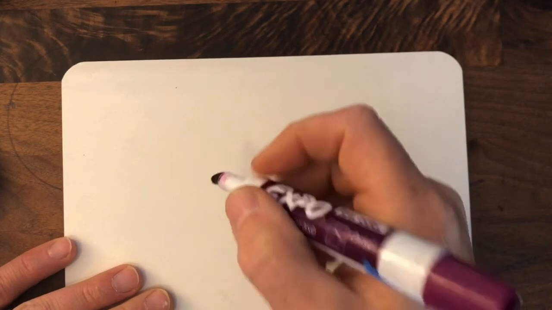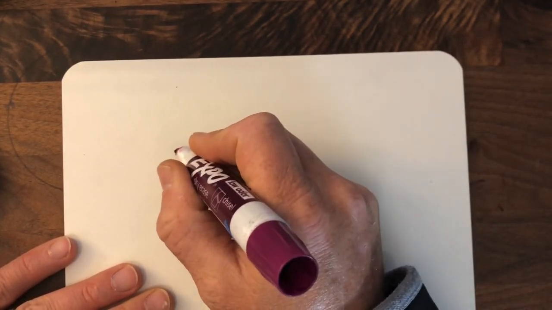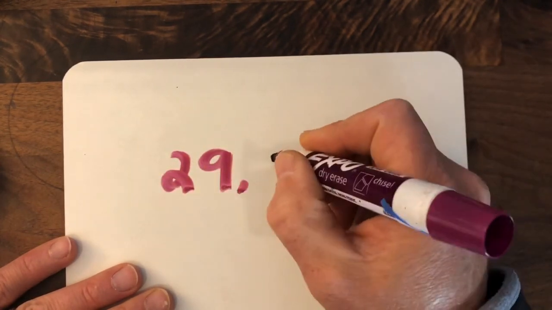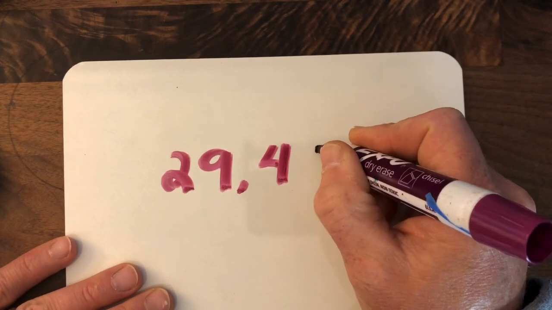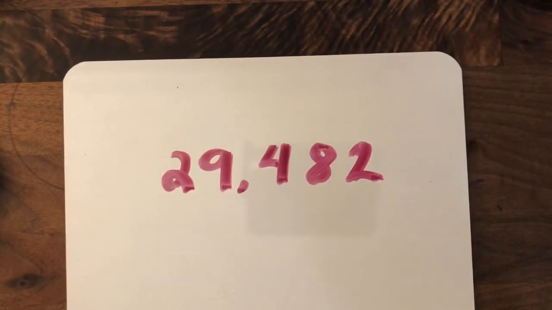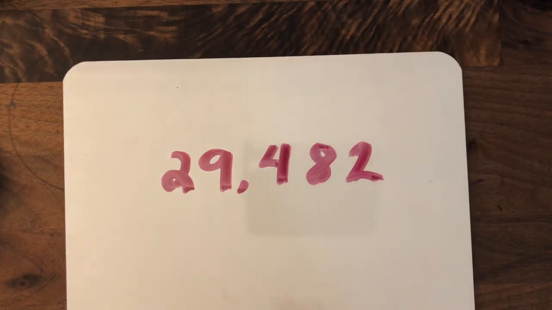So I just want to give you a few examples today. So if I have 29,482, okay? If I want to add or subtract or have 1,000 less than this, I can do this mentally.